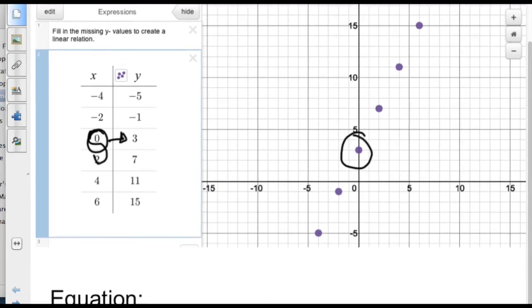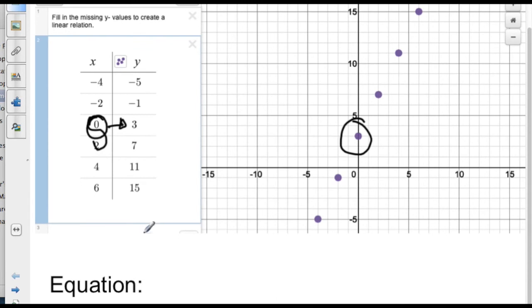The other part of how to recognize partial variation problems is from the equation. Since the variables are not directly related, there's this offset, a number that puts it off. So the equation looks like this. It starts the same way: y equals m, which is our constant of variation, times x.